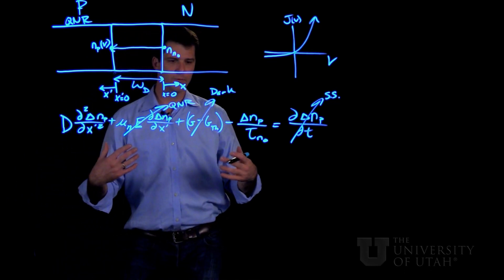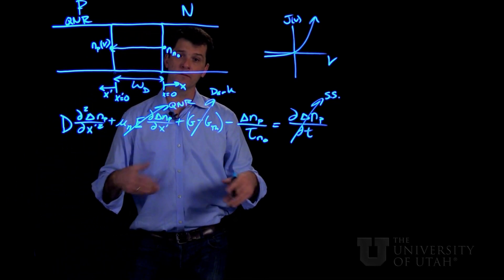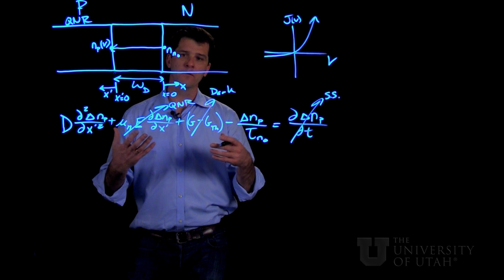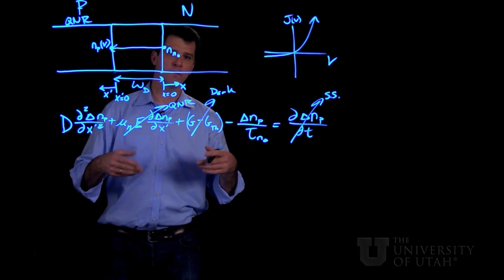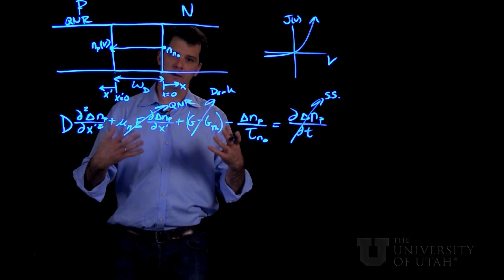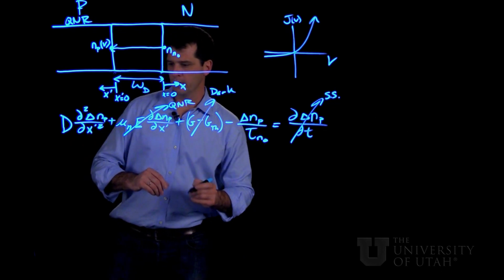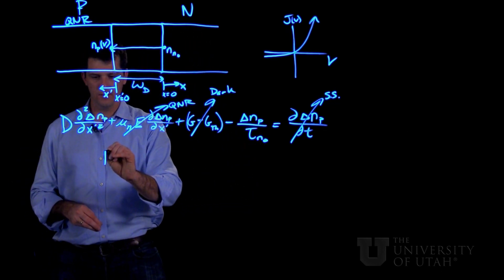And this formulation is going to be used again and again because the p-n junction shows up, for example, in MOSFETs as well as JFETs. We're going to end up using this simplified version a lot.